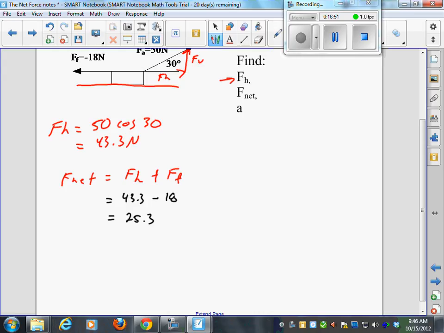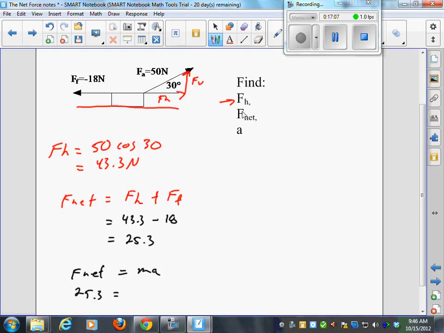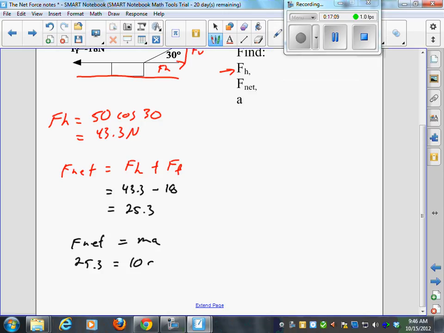Now that I've got the net force, then I can find the acceleration. What's the mass here? 10. In other words, divide by 10. 2.53 meters per second squared is my acceleration.